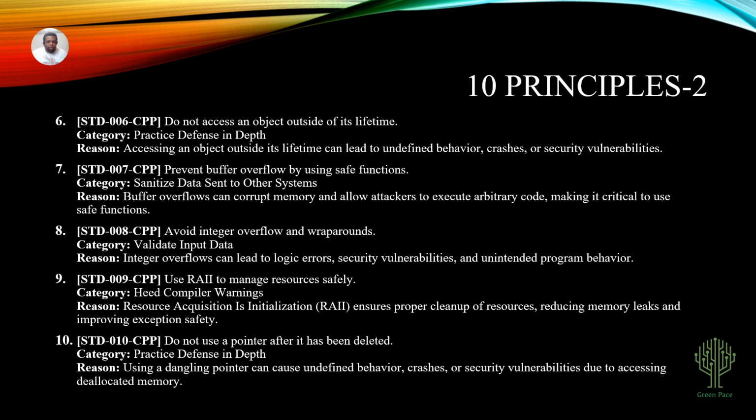This uses multiple layers of security. The ninth would be use effective quality assurance techniques. This ensures issues are caught early. And the 10th would be to adopt a secure coding standard. This establishes a consistent approach to secure coding. These principles guide our development process and align with the 10 coding standards we'll discuss next.